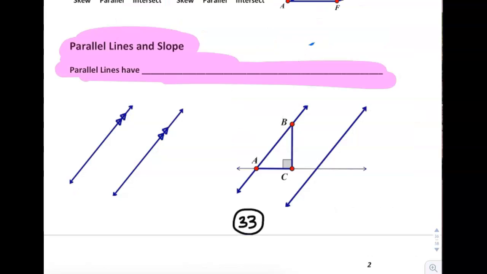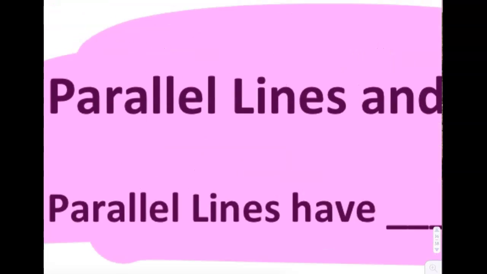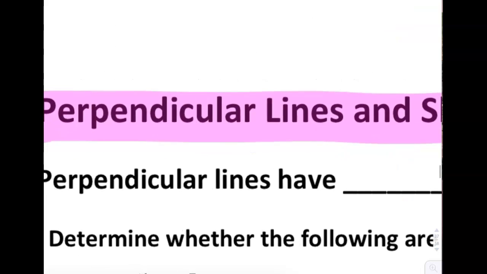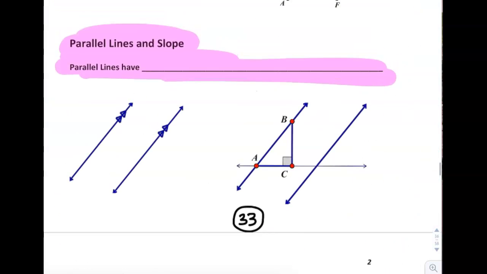All right, jump ahead to the bottom of page 33. We're going to switch gears for a minute here and talk about parallel lines, right? And eventually we'll talk about perpendicular lines. And that's how we wrap up this whole lines unit.